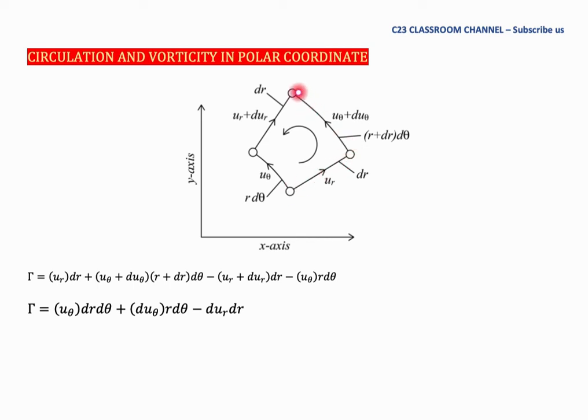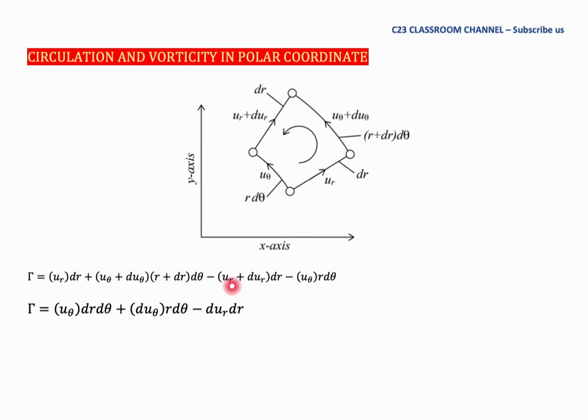So to calculate this distance, we need to add (r plus dr) d theta, and the circulation is (u theta plus du theta) times (r plus dr) d theta. And then the circulation from here to here is negative (ur plus dur) dr, and the circulation from here to here is negative u theta r d theta.